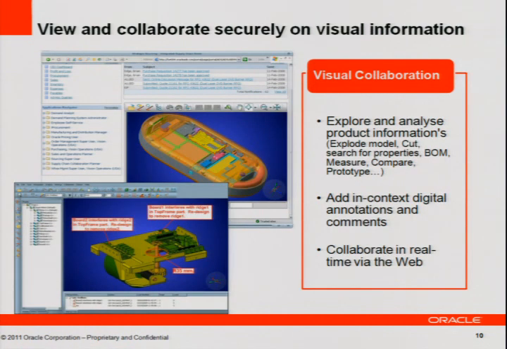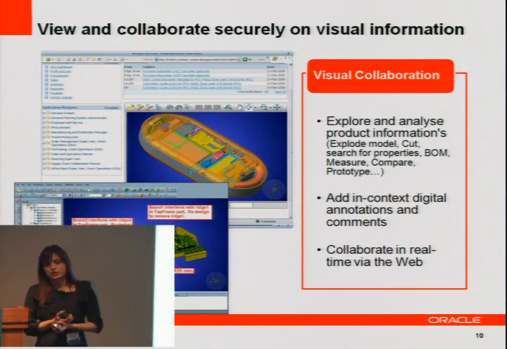Obviously, one thing that we are providing is collaboration. So the users from different groups can add annotations and collaborate on the file. And all this annotation is a context-sensitive annotation. So basically, it can be one model that is used, for example, for collaborating with suppliers or for internal collaboration.